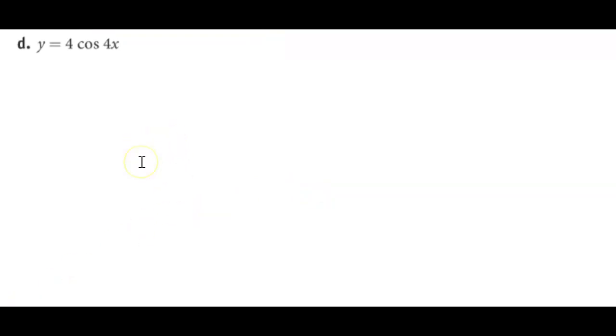So last one, again we're going to start off with amplitude, absolute value of 4. Period is 2 pi over 4, which reduces to pi over 2. Our x values, you can divide by 4, or if it's easier, you can multiply by the reciprocal, which would be 1/4.